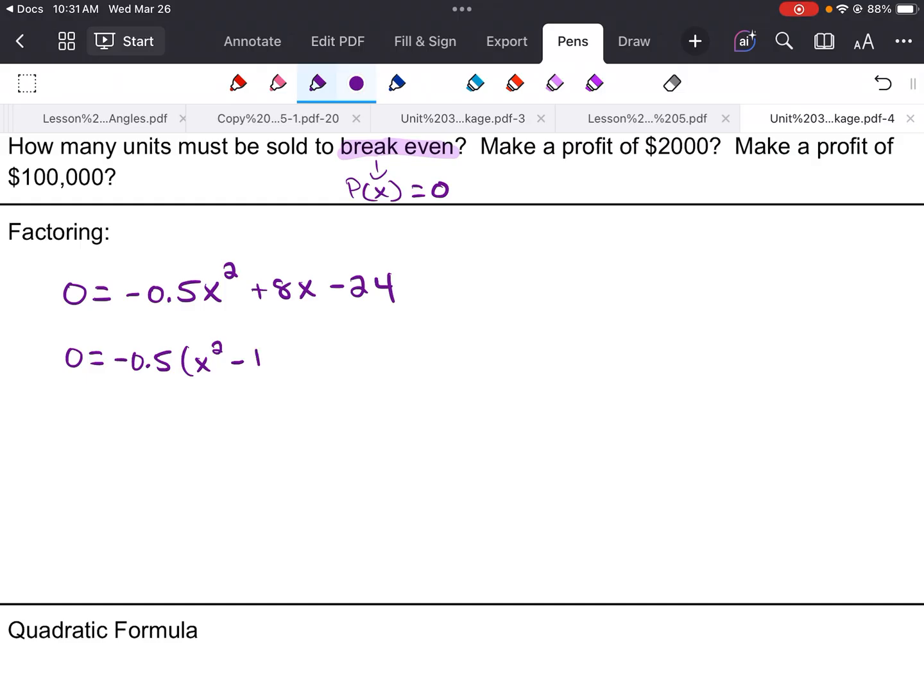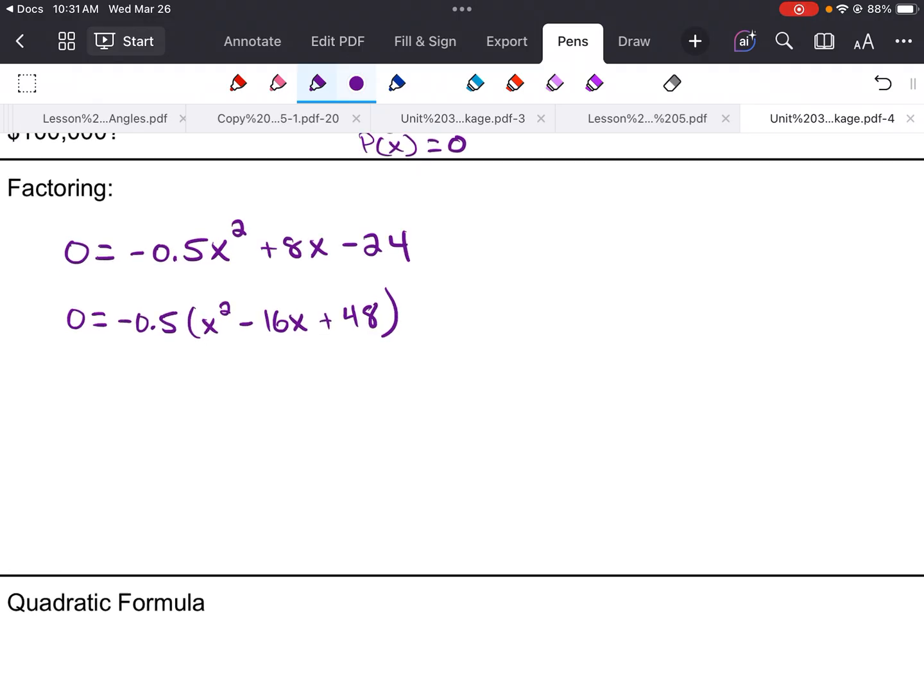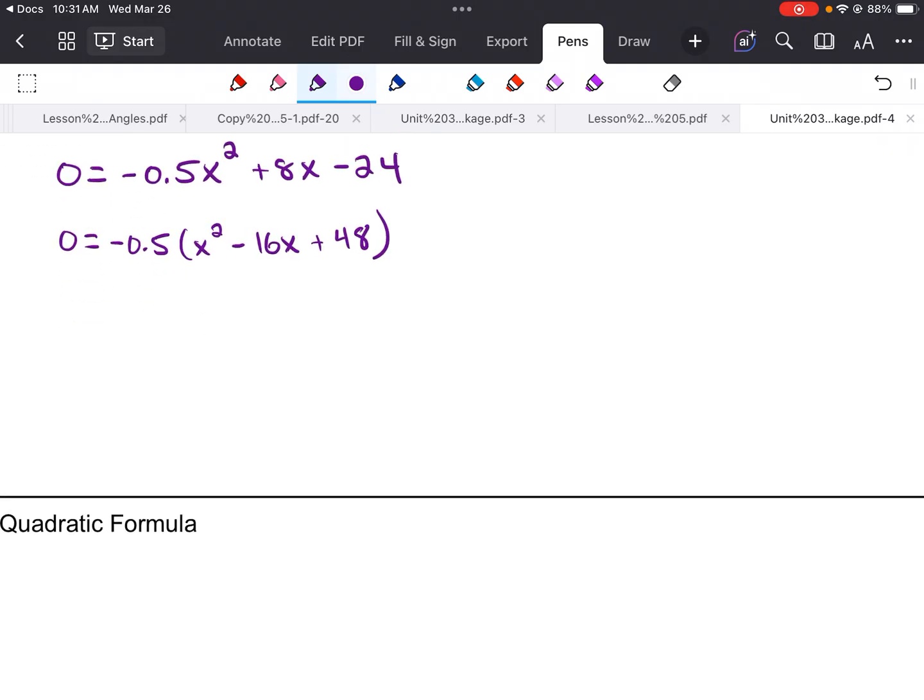So 8 will become 16, and 24 will become 48. Okay, it's now a simple factor. We're looking for the multiples of 48 that add to 16, and it's going to be 4 and 12, so we'll get (x minus 4)(x minus 12).